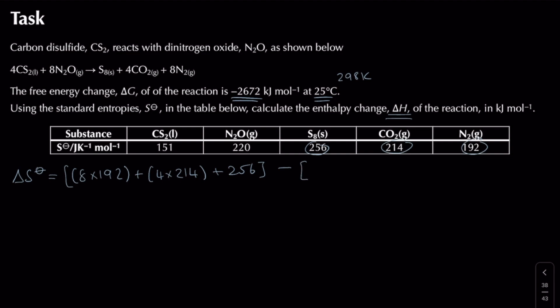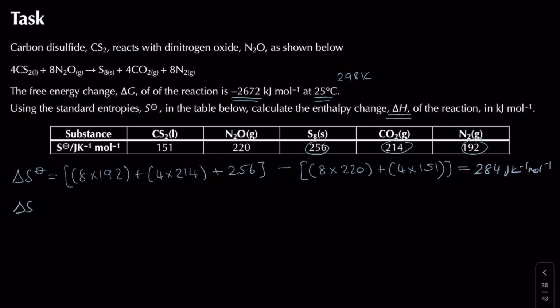Now of course I've got 8 lots of dinitrogen oxide, N2O, so that's 8 times 220, and then I've got 4 lots of carbon disulfide as well, so I'm going to have 4 times 151. Of course I put that in my calculator and I end up with a value of positive 284, and that's going to be in joules per Kelvin per mole.